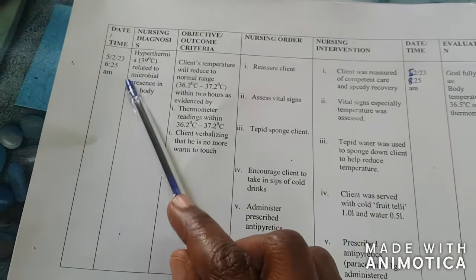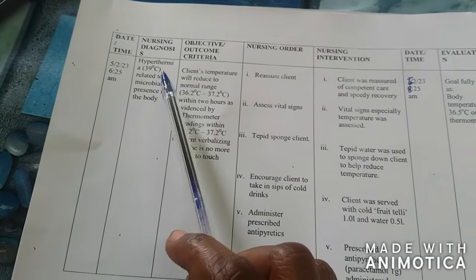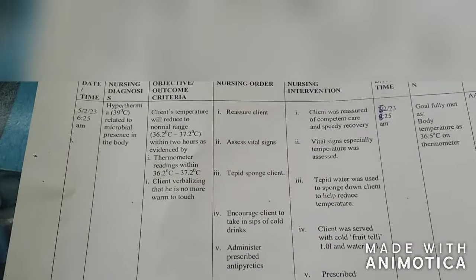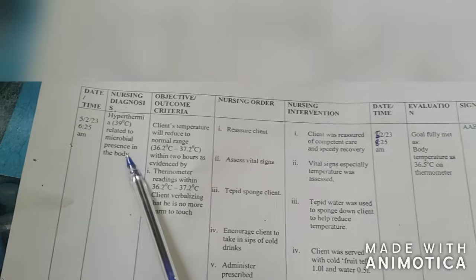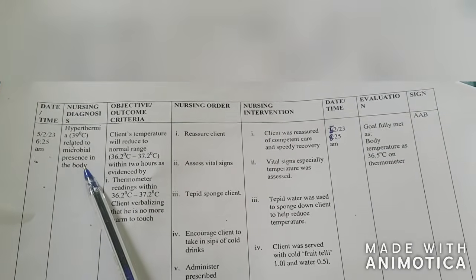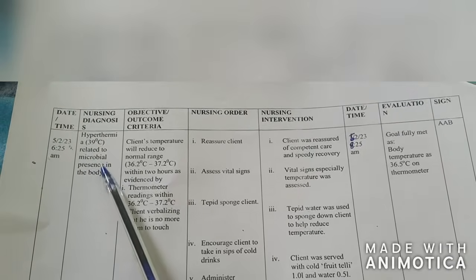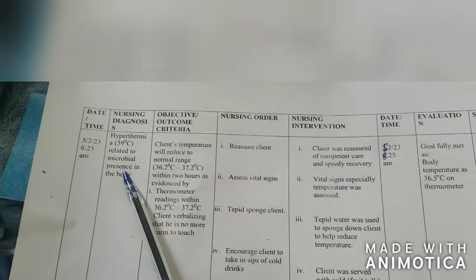This related to factor is very necessary, and is the reason we have to fill the front page well. That's why I said in filling the front page, you don't forget to fill the medical diagnosis, because this will help us identify the correct related to factor.